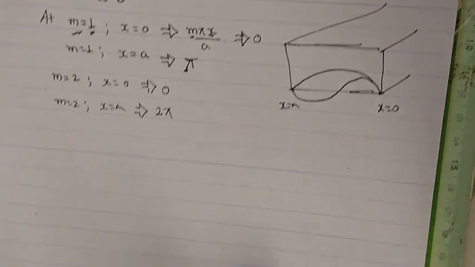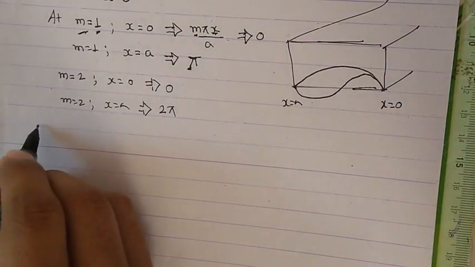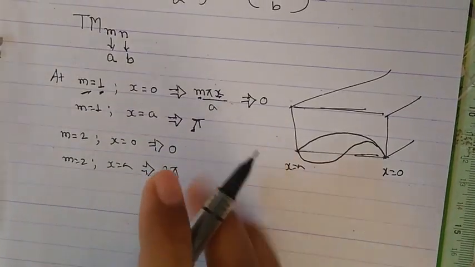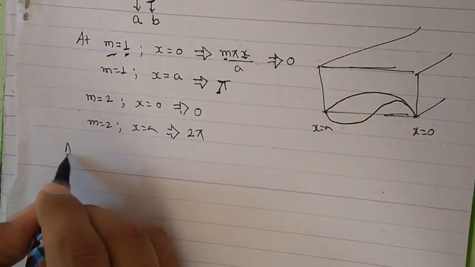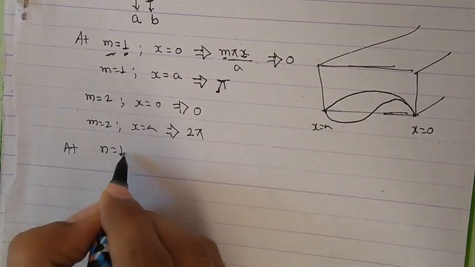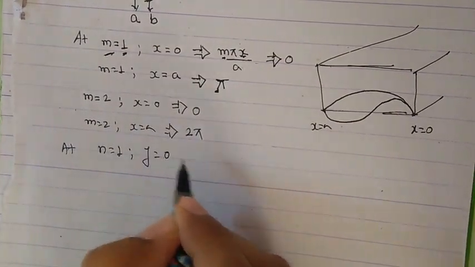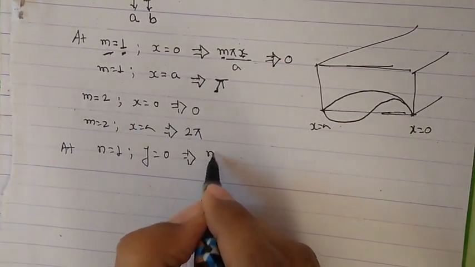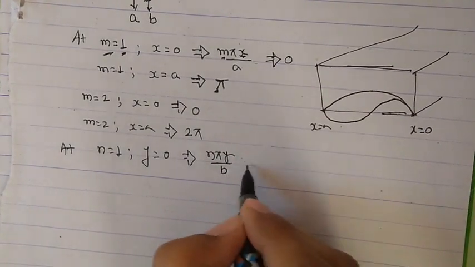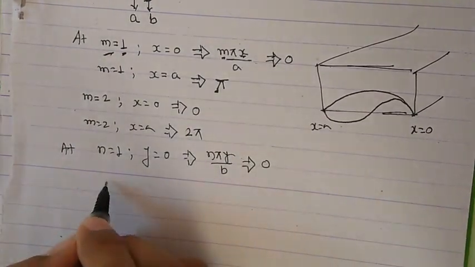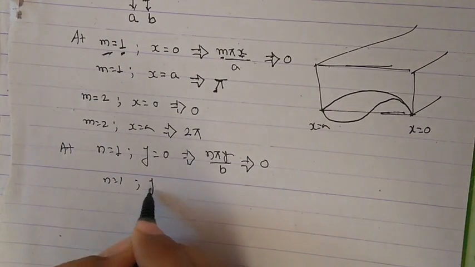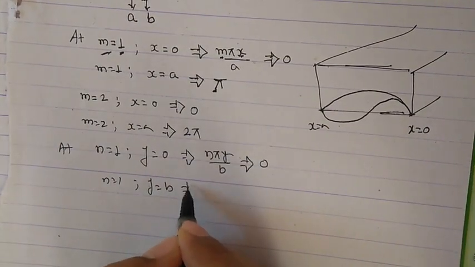Similarly, for the index n, for n equal to 1 and y equal to 0, the term n pi y by b will be 0. At n equal to 1 and y equal to b, this will be pi.